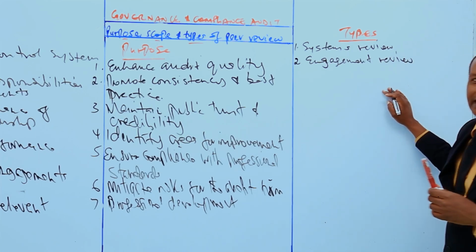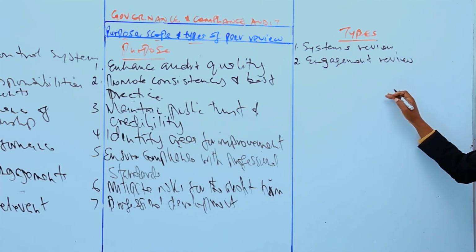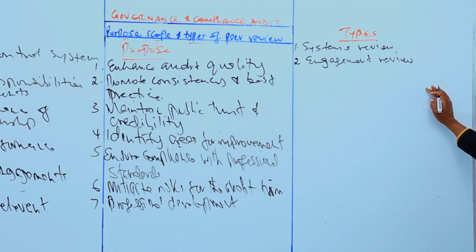Engagement reviews. The purpose of engagement reviews is to determine whether specific engagements selected for review are performed and reported on in conformity with the professional standards in all material respects.